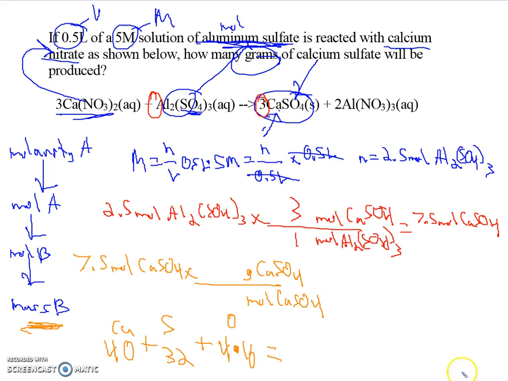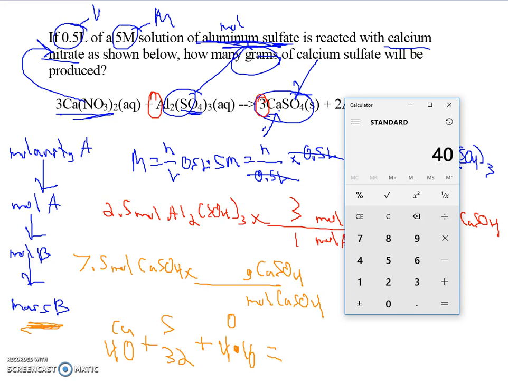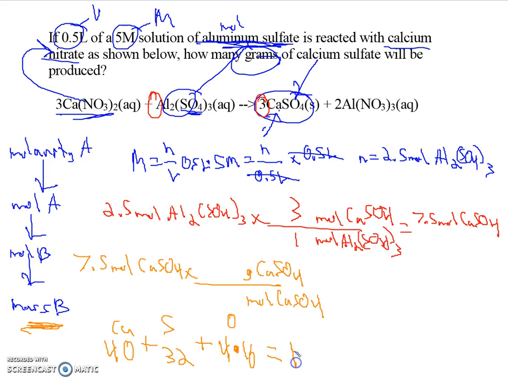So we add all that up: 40 plus 32 plus 4 times 16 is 64, gives us 136. I hope I did 4 times 16 right. 4 times 10 is 40, plus 4 times 6 is 24. Yeah, 64. Okay, so that's 136 grams for every 1 mole.